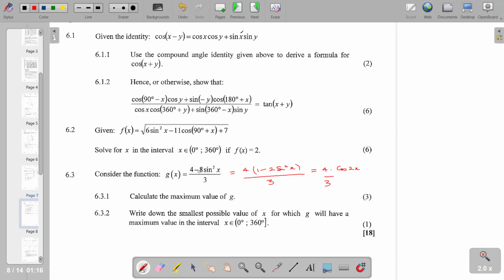The reason why we convert here, we are not familiar with the trig ratios with the squared when we are sketching our graphs. We sketch those ones which are not having squared. So we wanted to make sure that we reduce this to a function which is not having squared.